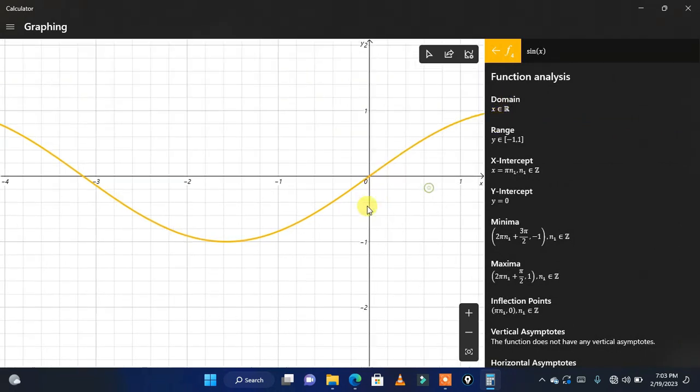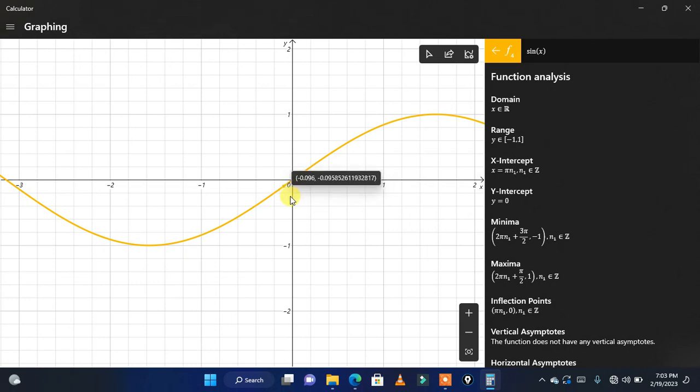But then the range, looking at how far it goes, if you compare, the lowest point of the curve has y to be negative 1, and the highest point of the curve has y to be positive 1.